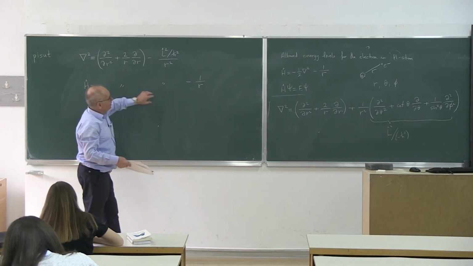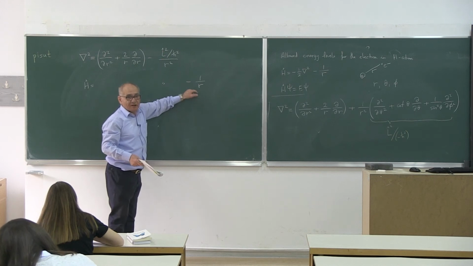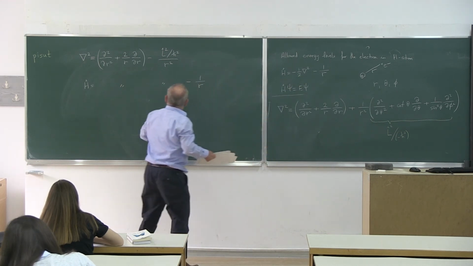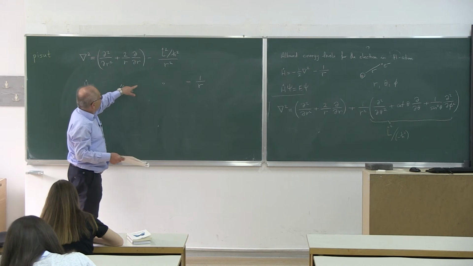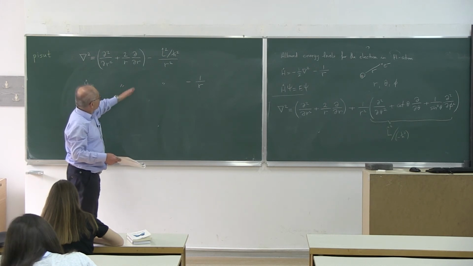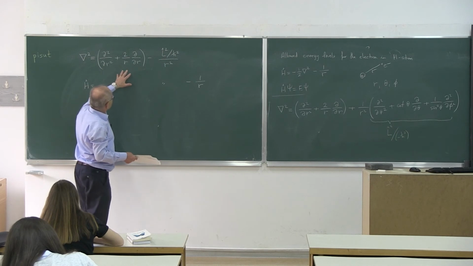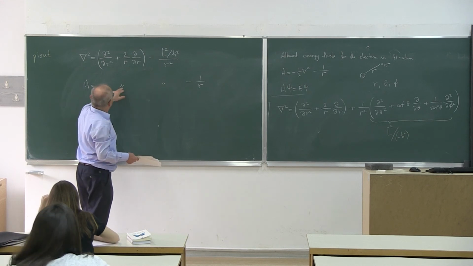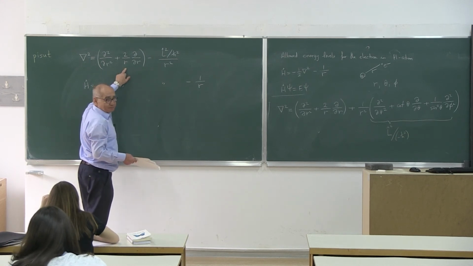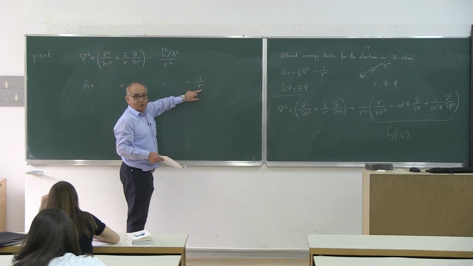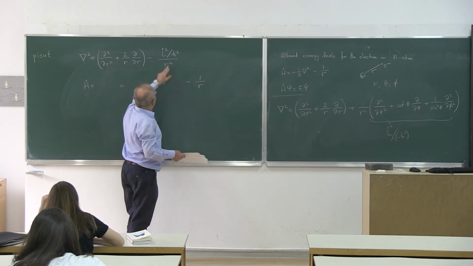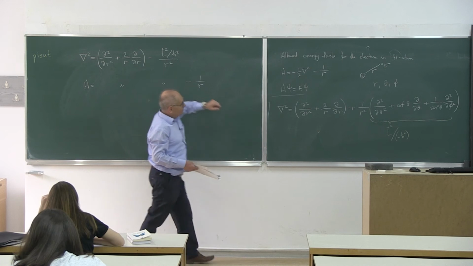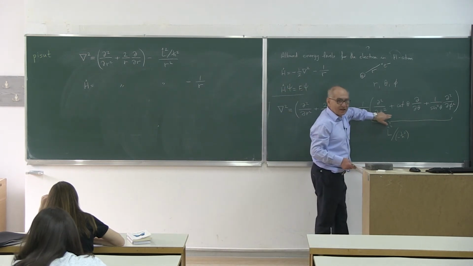Kinetic energy, and this is the potential energy, minus 1 over r, that you see here. From the structure of this expression, it's a sum of 3 terms, but this term contains only the r variable. This term also contains only the r variable, and this term in the upper part, L square, as you see, contains the angle variables theta and phi.